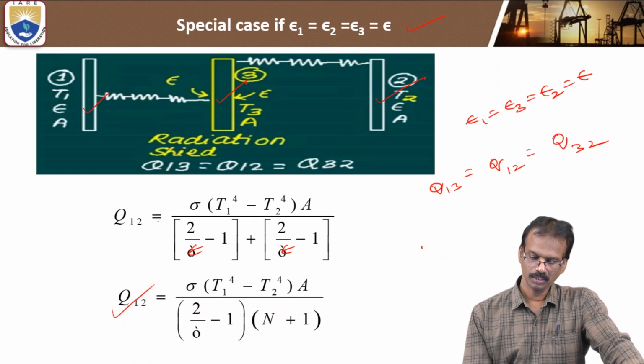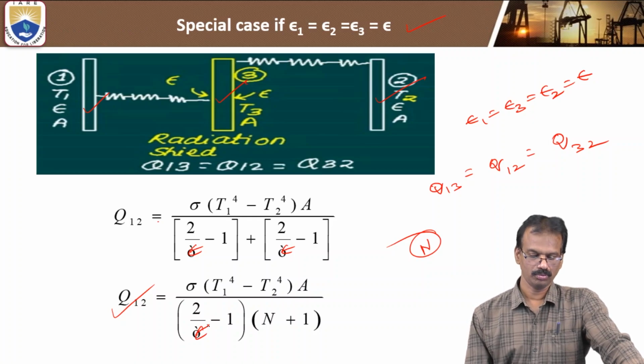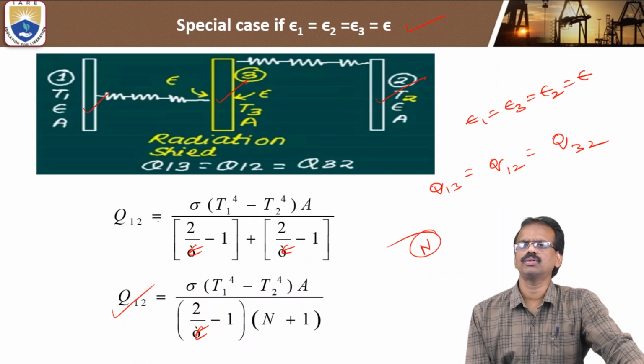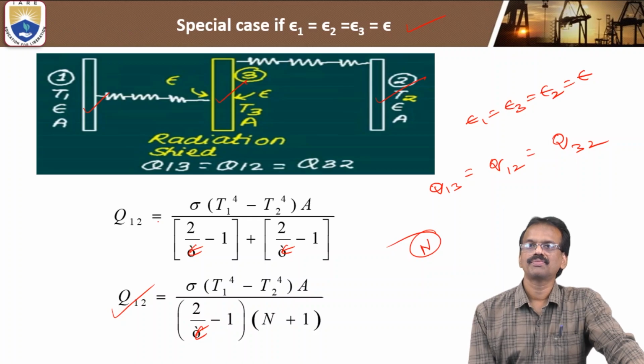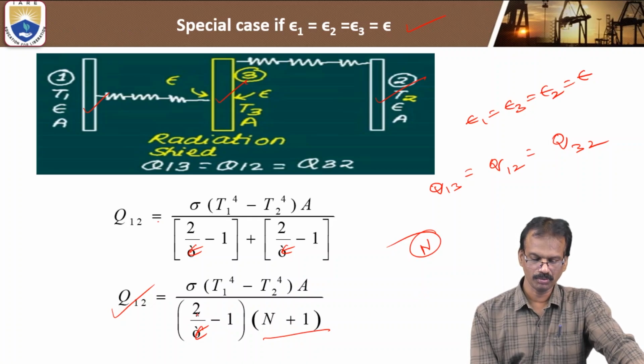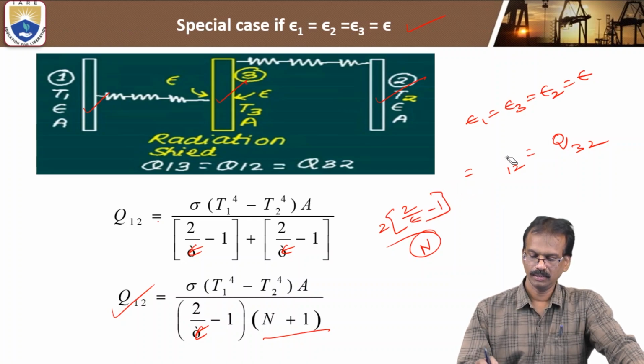If n is the number of shields, then the formula is sigma A into T1 to the power of 4 minus T2 to the power of 4, divided by 2 by epsilon minus 1 into n plus 1. If you consider one shield, it means 2 into 2 by epsilon minus 1.